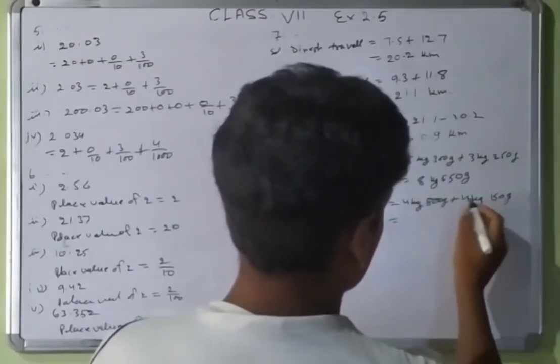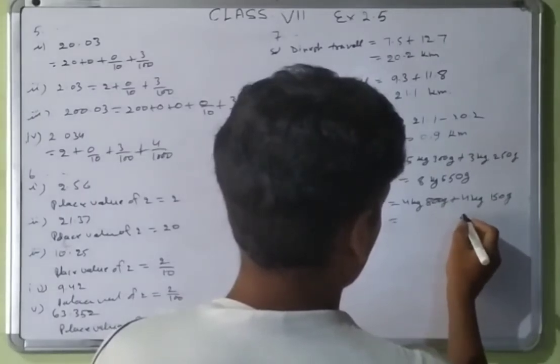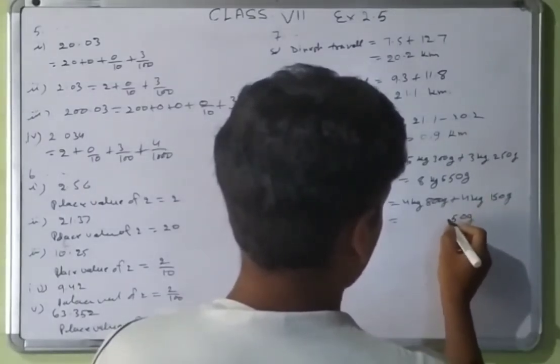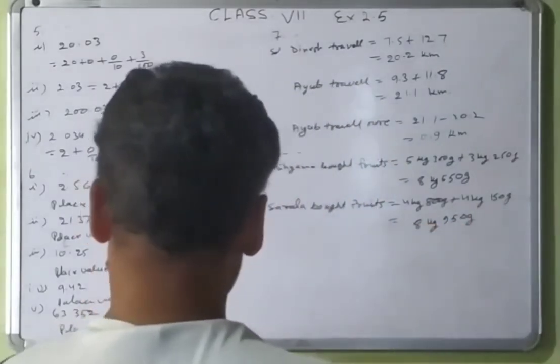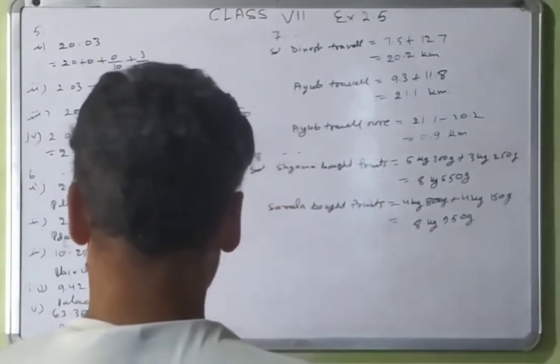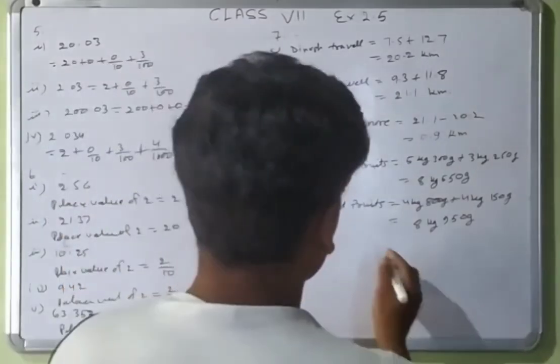So total fruit 0, 5, 9 and then kg 8. So who bought more fruit? That is Sarla.